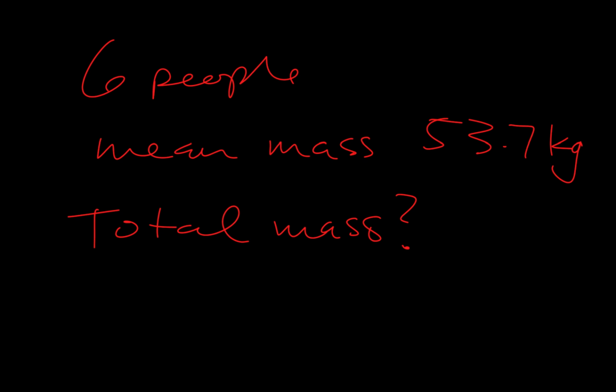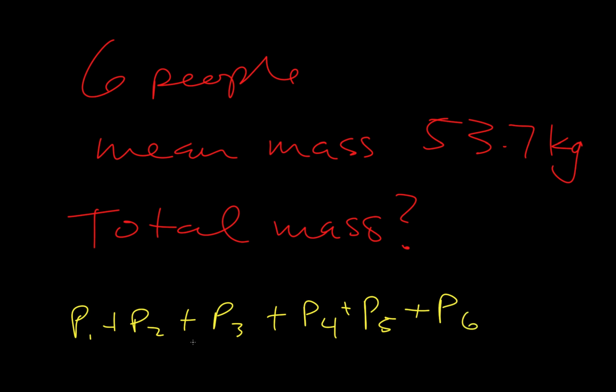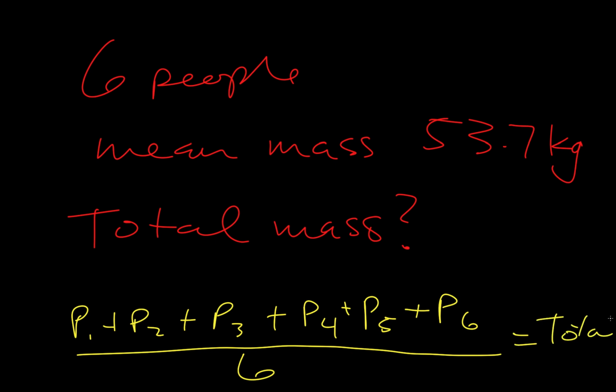Okay, so if we have person 1 plus person 2 plus person 3 plus person 4, 5, and 6, and then we want to divide that by the number of people, or 6, this would equal the mean.